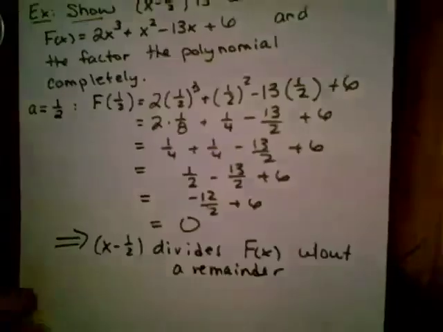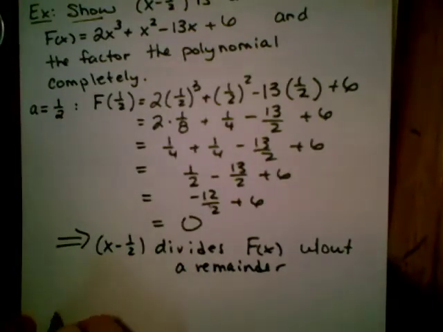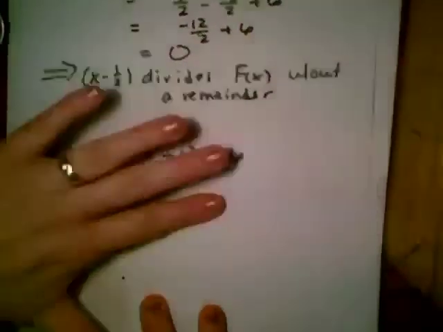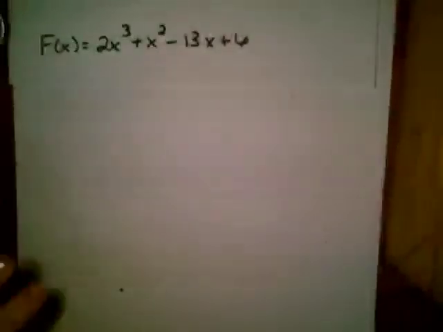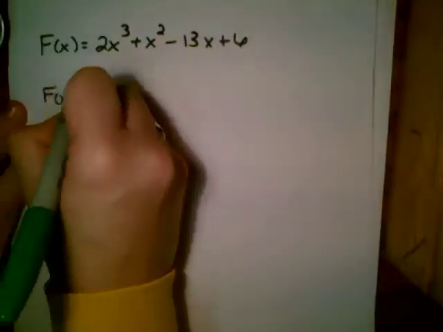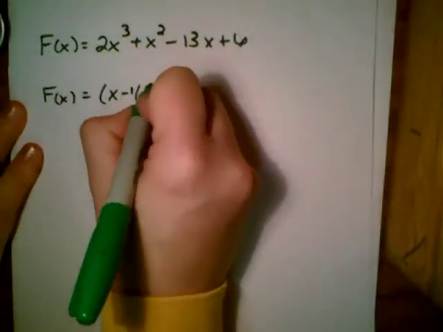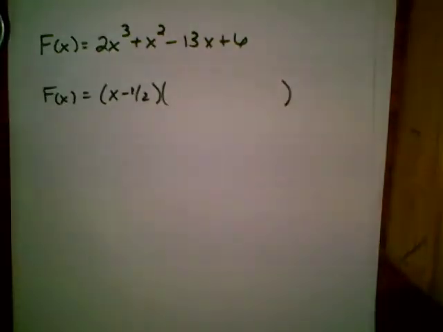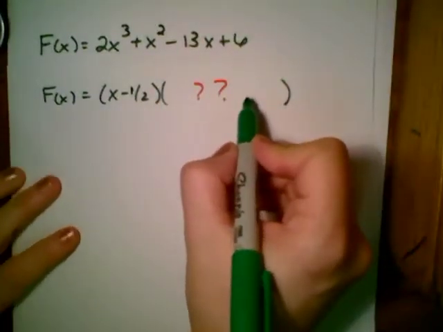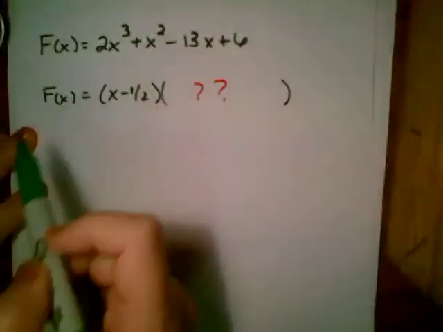Alright, so let's get this polynomial written down again so that we have it at hand. So our original polynomial can be factored. And we know that x minus 1/2 is a factor. What are the other factors in the factorization of the original?